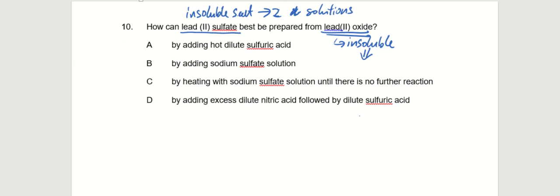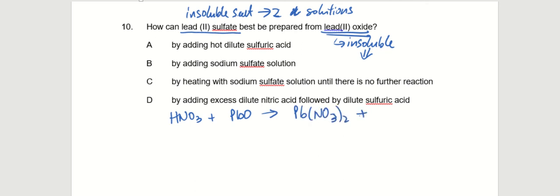We remember that lead nitrate is soluble because all nitrates are soluble. So if we add nitric acid with lead oxide, we should get our soluble salt of lead nitrate.